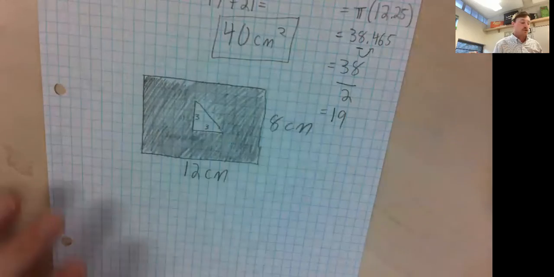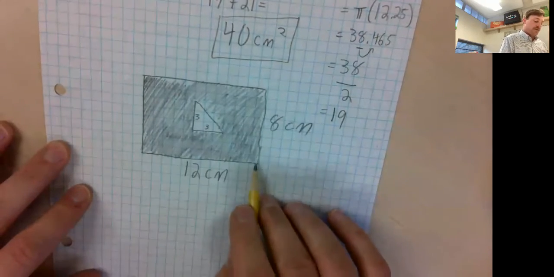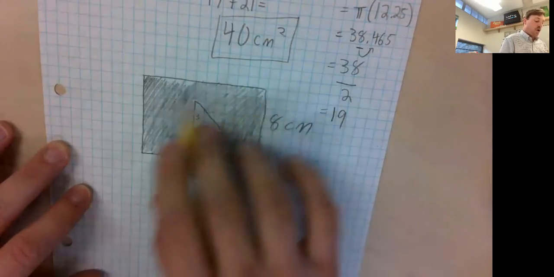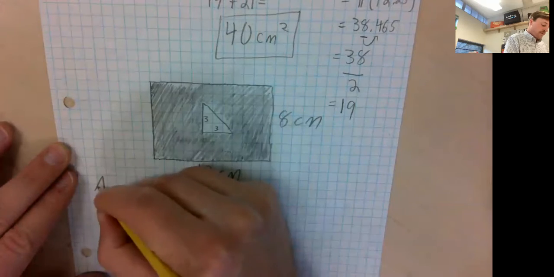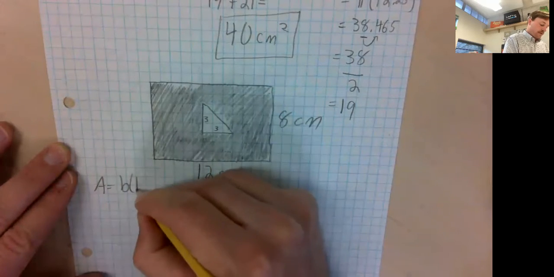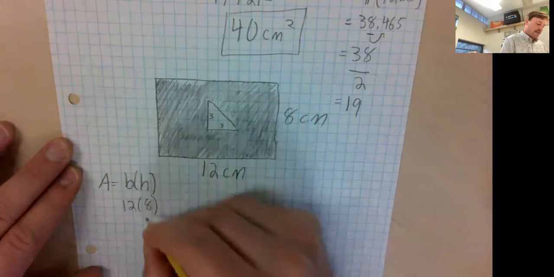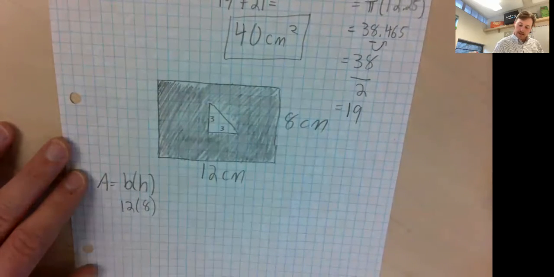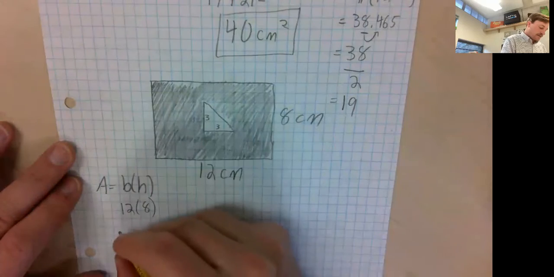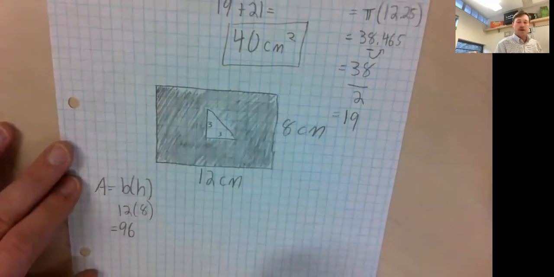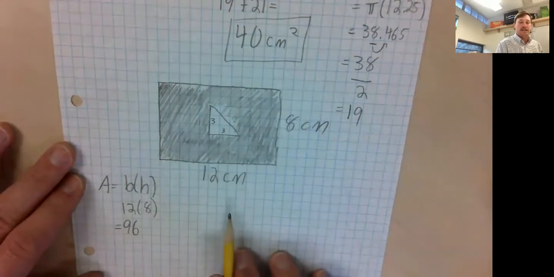Now we're actually going to subtract, because first thing we're going to do is figure out the area of this whole rectangle. Base times height. So I got 12 times 8. 12 times 8 is 96.